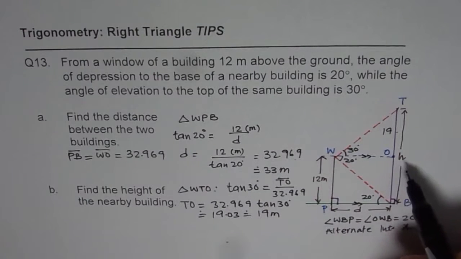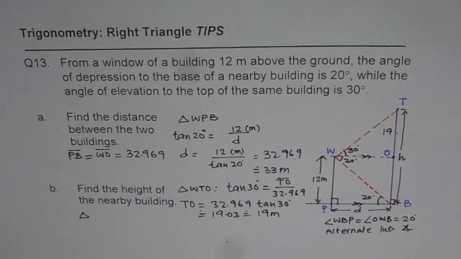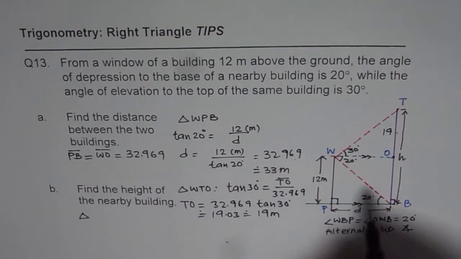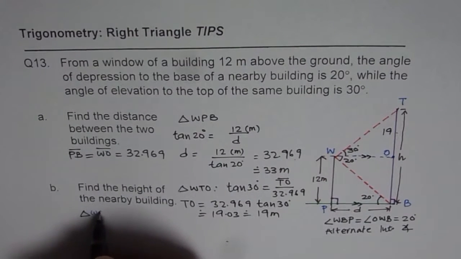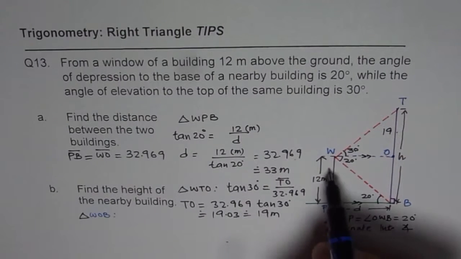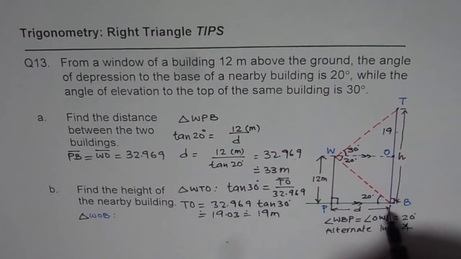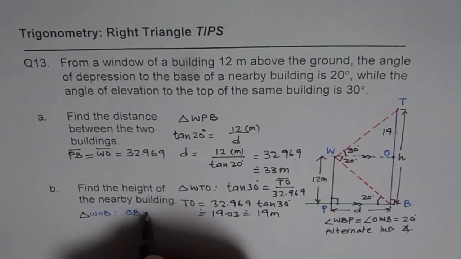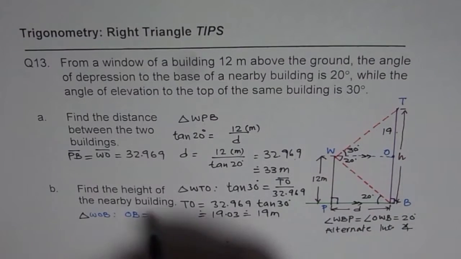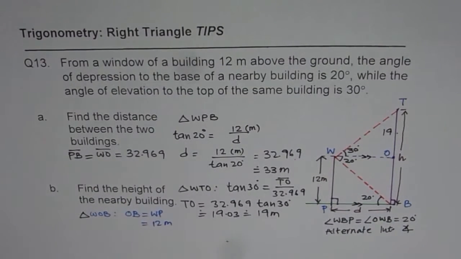Similarly, we can find OB, right? So we'll consider now the triangle WOB. Now in this triangle, as you can see, the height is already given to us as 12 meters. So OB is actually equal to WP, which is equal to 12 meters, correct?